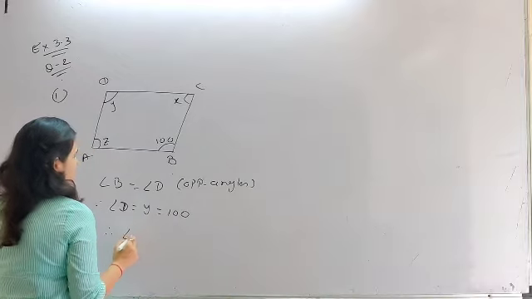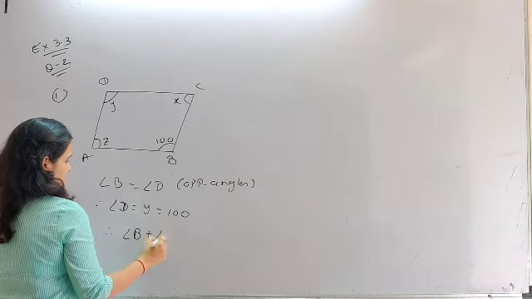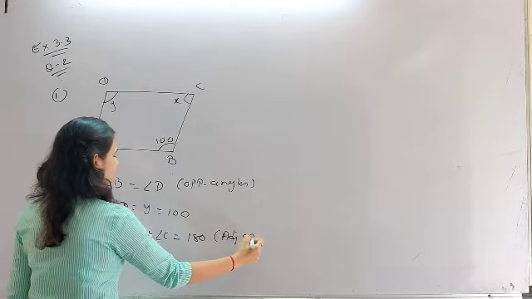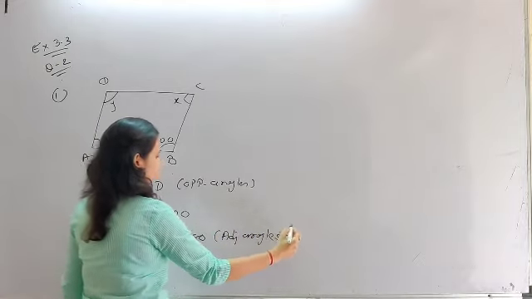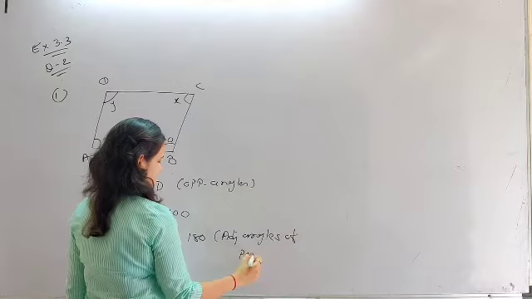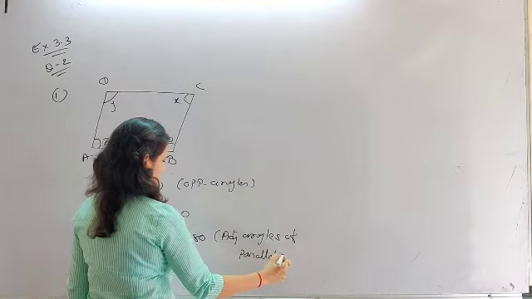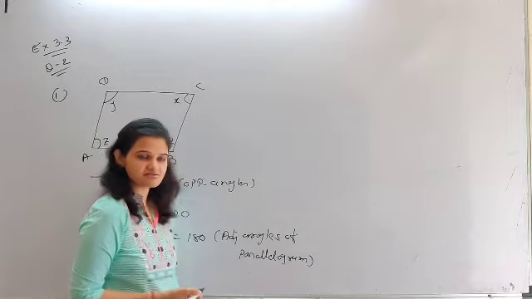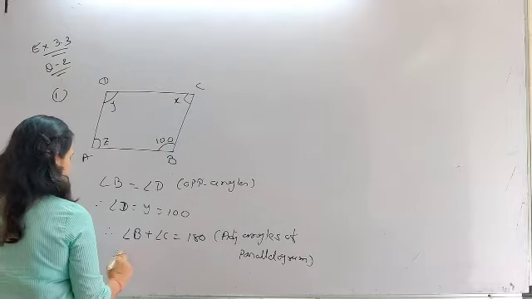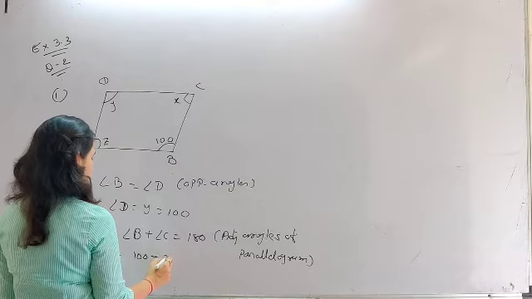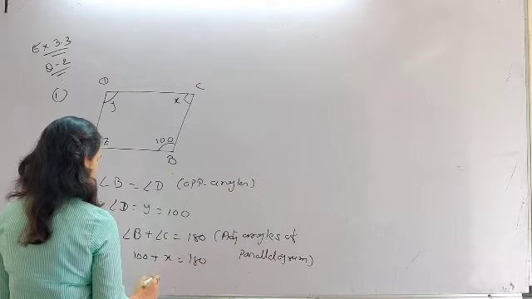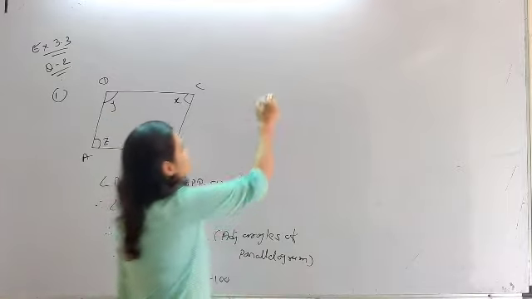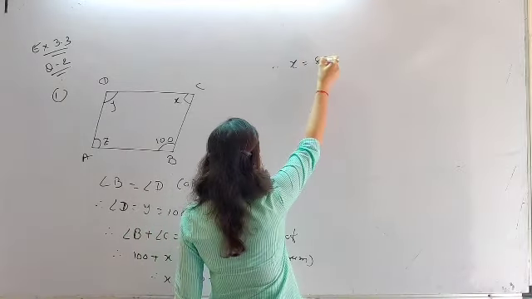Then second, angle B plus angle C is equal to 180 degrees. Adjacent angles of a parallelogram are supplementary. So angle B is 100, angle C is x, so 100 plus x is equal to 180. So x will be 180 minus 100. So x will be 80.